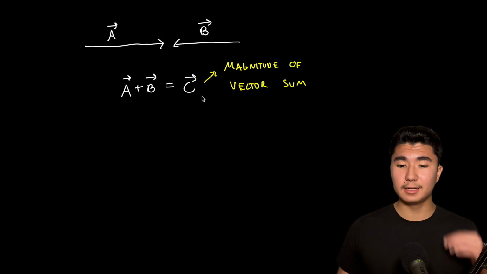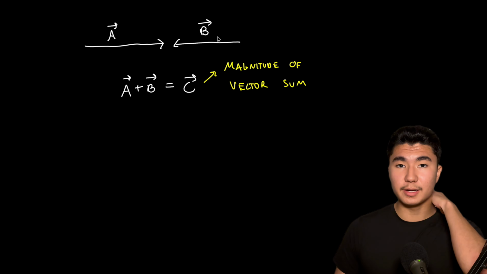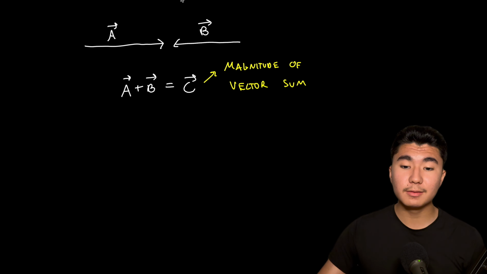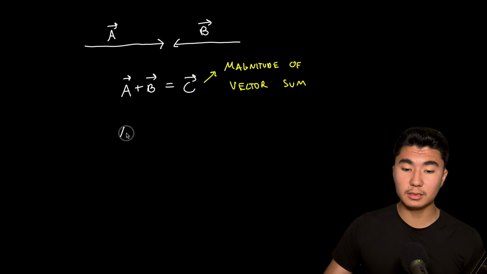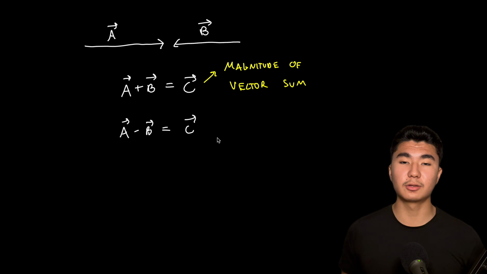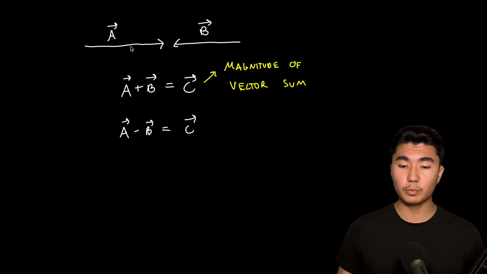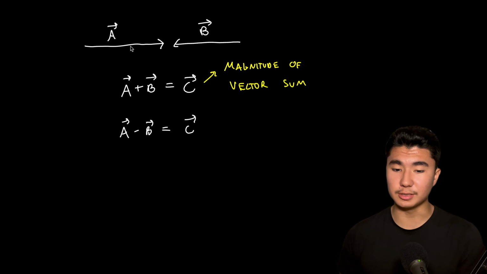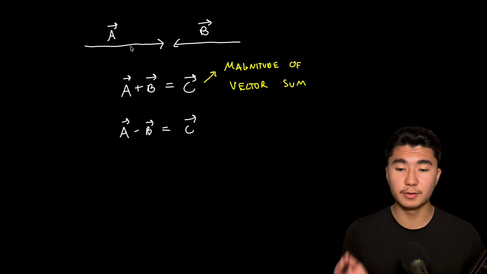Now, since our b vector is in a different direction, it's going to be a negative number. So it's going to be a minus b, and this is going to equal the magnitude of the vector sum. So when you see vectors in opposite directions, you always need to put a negative for those vectors.